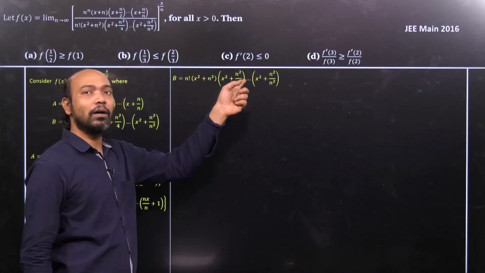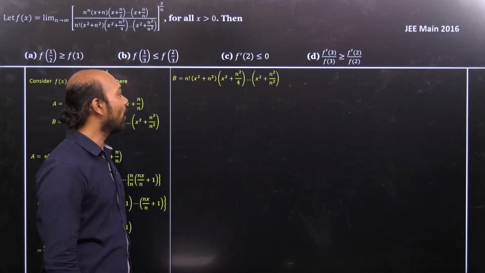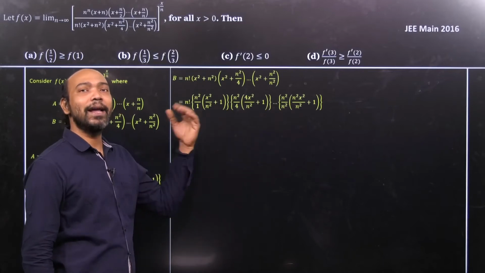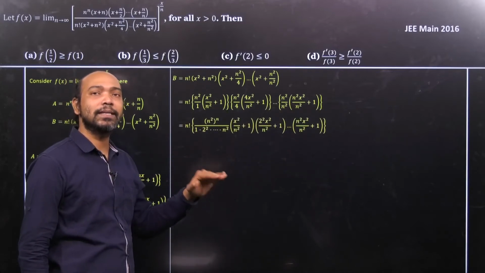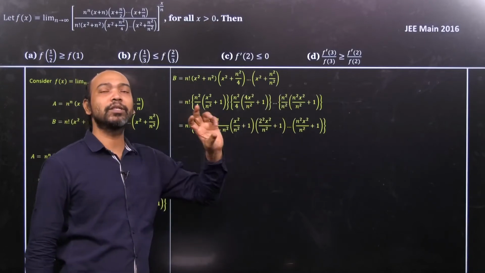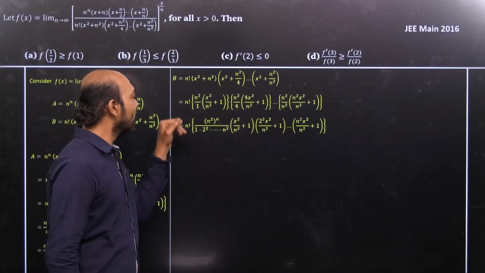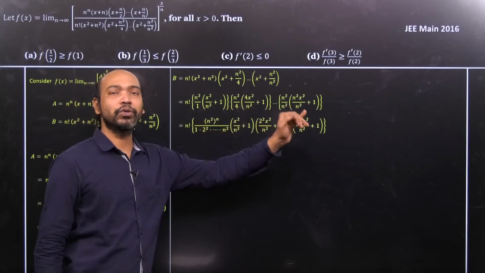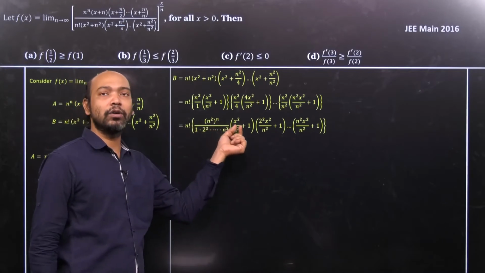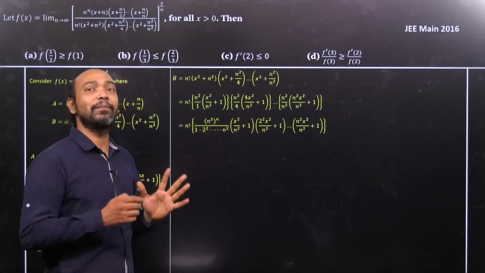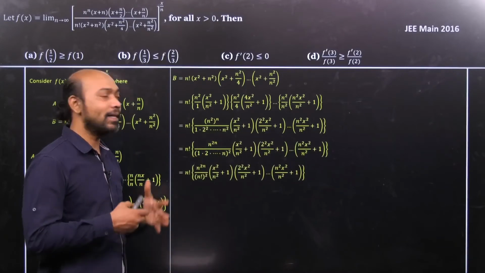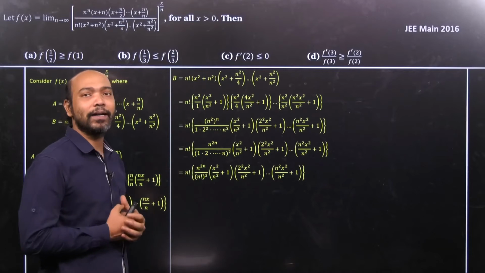So n square whole to the power n is taken common, and here 1 square, 2 square, 3 square, 4 square up to n square will be common. You can see that it's 1 into 2 into 3 up to n, whole square. That means it is factorial n whole square. So we can write it as n to the power 2n divided by factorial n whole square.